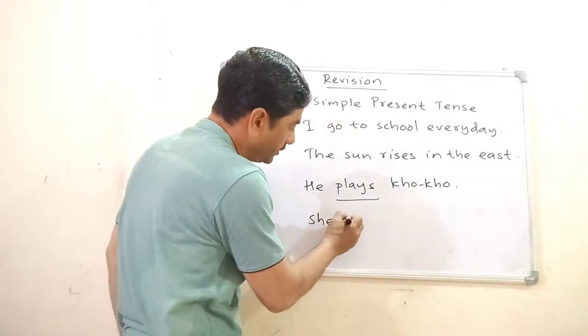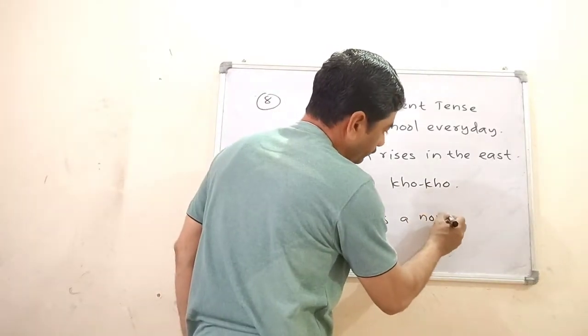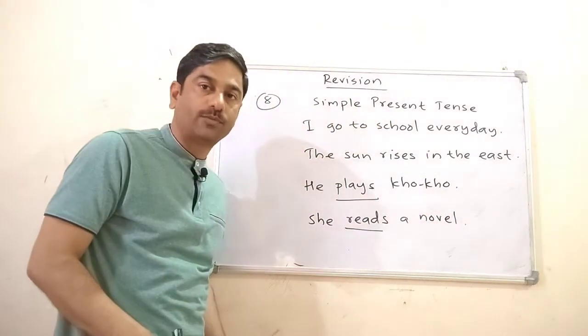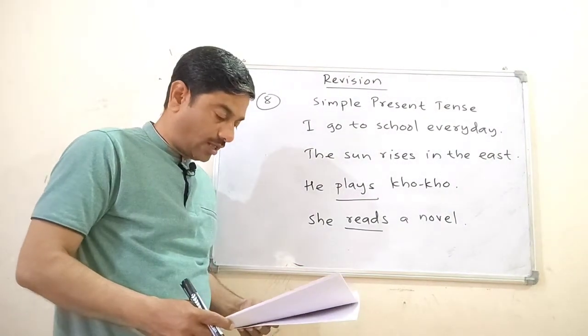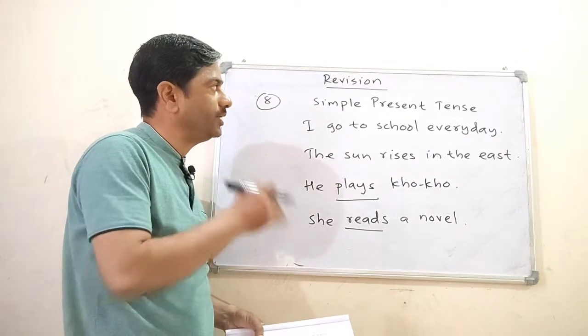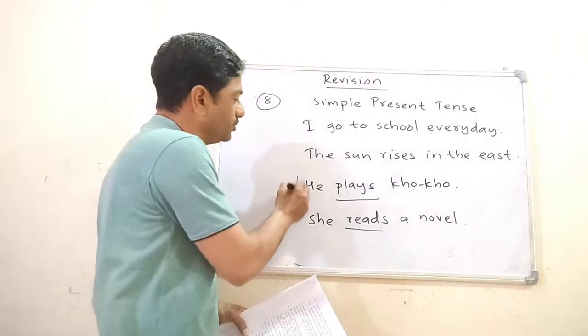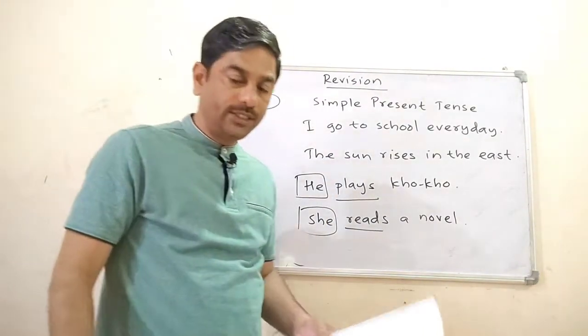She reads a novel. Here also the s form of the verb. So you have to make use of the s or es form of the verb when a third person singular subject is there.